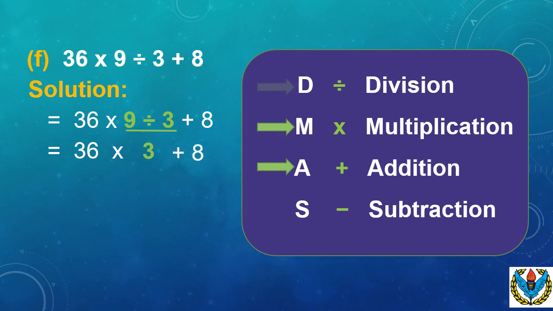Now we are left with two operations, multiplication and addition. And in multiplication and addition operations, which operation is coming first? Yes, multiplication operation. So we have to multiply here 36 multiplying by 3, and by multiplying these we get 108.